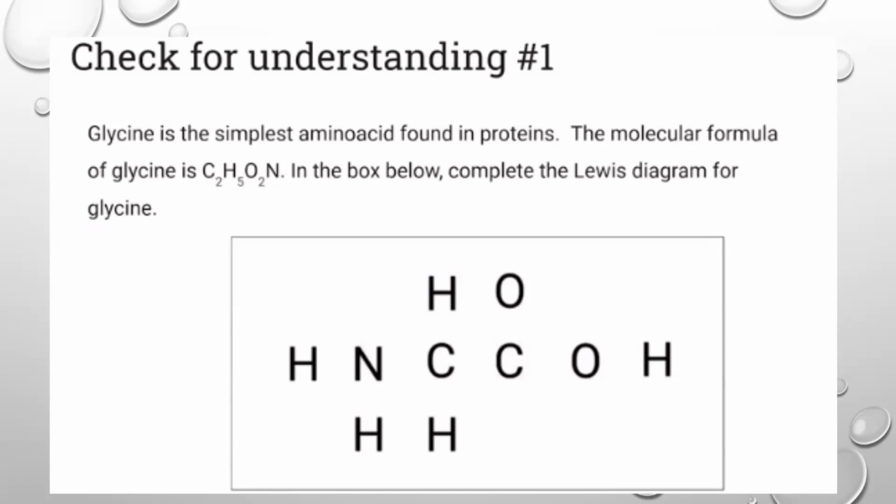I'm going to double check. Nitrogen has 8. Carbon has 8. Ooh, I do have a challenge. The second carbon has 6. So I cannot add more, so I will multi-bond that carbon, okay?